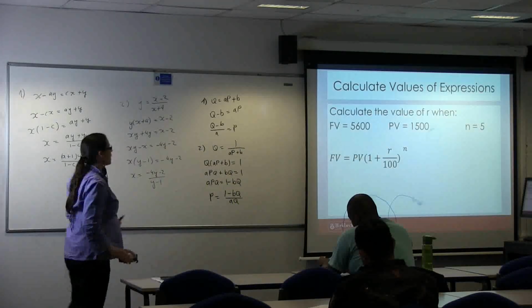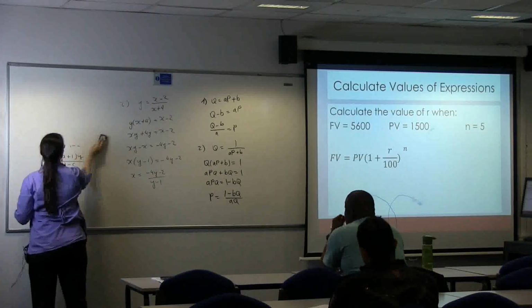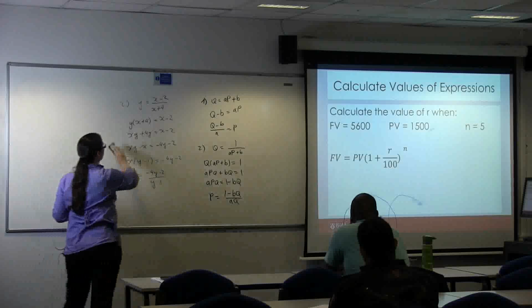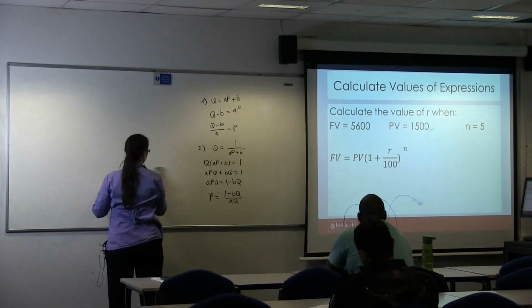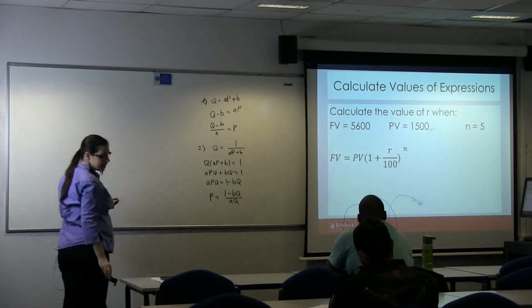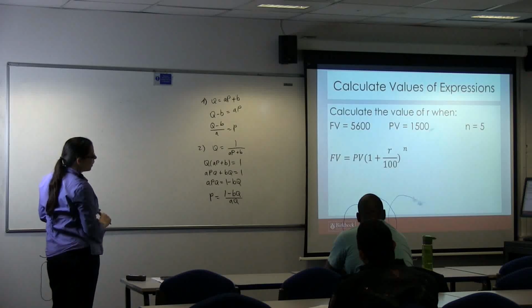It's a version of the same thing we tried before, but with a twist. Because now I need to find the rate, when I know the future value, the present value, and the number of years.